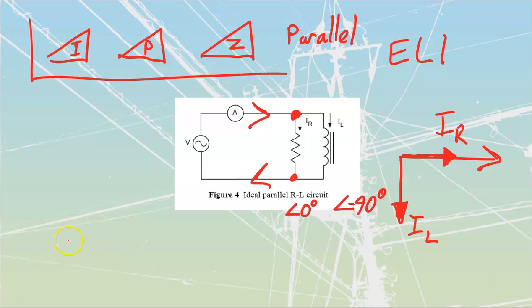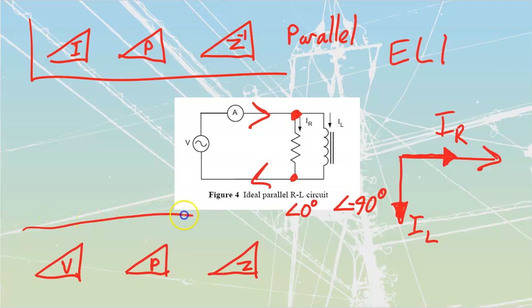We did go through the series circuits already, and when we went through the series circuits, you should have noticed that we could get a voltage triangle, that we could get a power triangle, and that we could get an impedance triangle. And there's places where we have to use each one of those.